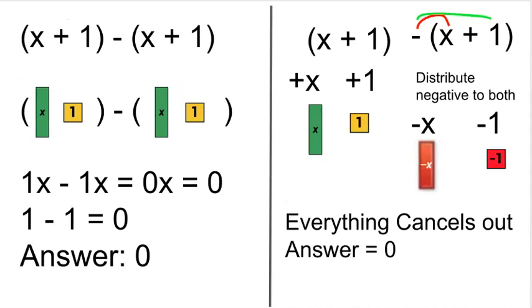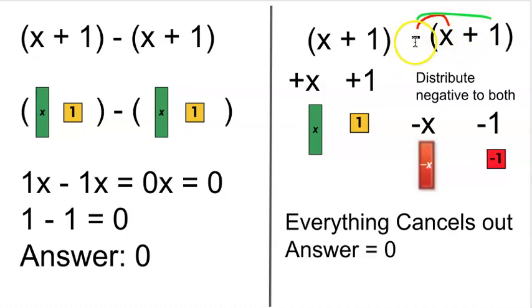So in this example, the first one, I'm using algebra tiles, and I'm taking this whole first set, x plus 1, and I'm going to subtract this next set, another x and another 1. And then you'll realize that the answer would be 0 because subtracting this, it's the same thing. In the second example, which is the same problem, you actually have to distribute the negative to both numbers.